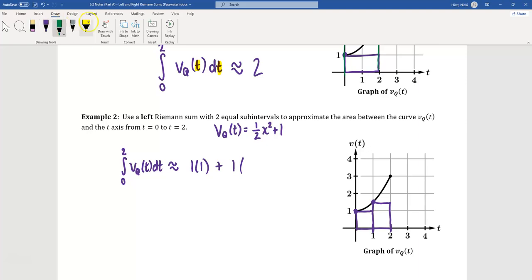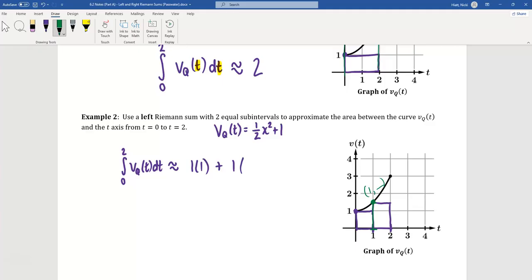The left endpoint right here is on that function, right? So if I want to know how tall this rectangle is, that's the y-coordinate of that point, correct? And so the x-coordinate here is 1. I need to find that y-coordinate, and that'll give me that height.